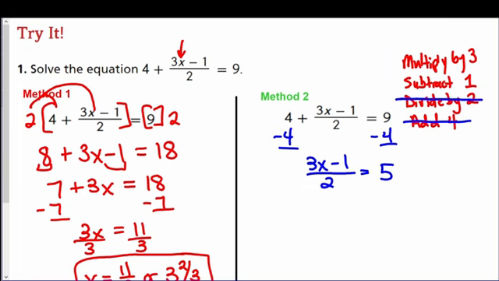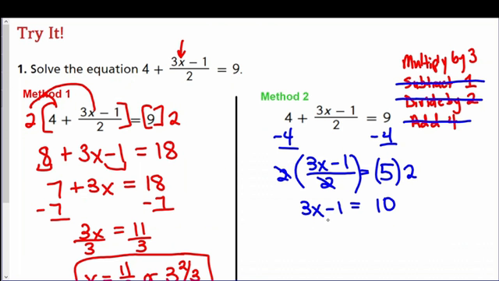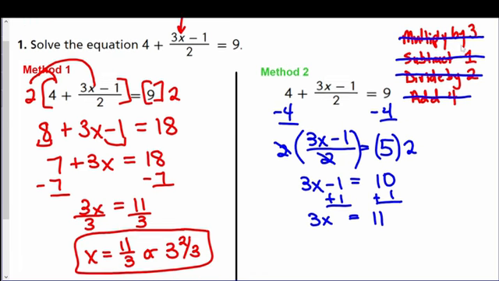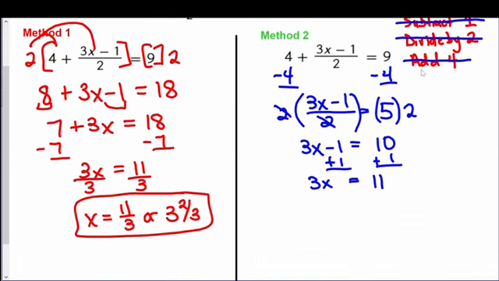Next, I'm going to undo the divide by 2 by multiplying both sides by 2. Next, I'm going to undo the subtracting 1 by adding 1. And then finally, I'm going to undo the multiplication with division. I'm going to divide both sides by 3.